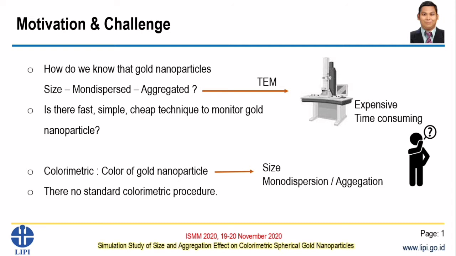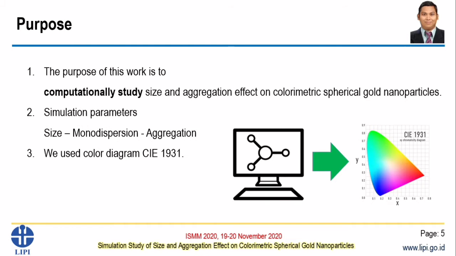Colorimetric could be the answer, since color of colloidal gold nanoparticles describe their size and aggregation. Until now, there is no standard procedure to do this colorimetric technique. Therefore, in this study, we computationally studied the colorimetric of gold nanoparticles due to size and aggregation.